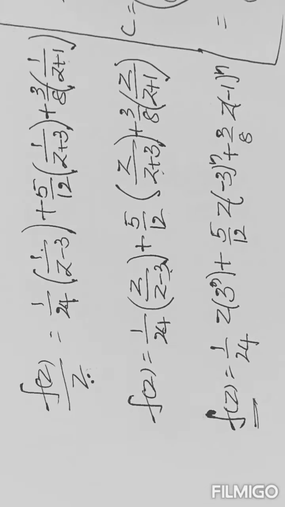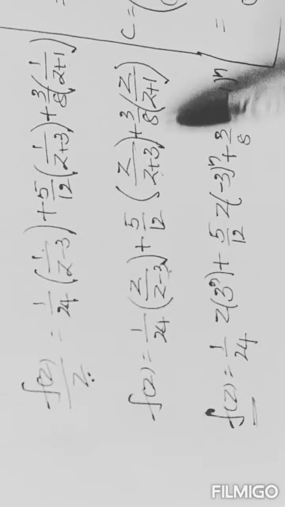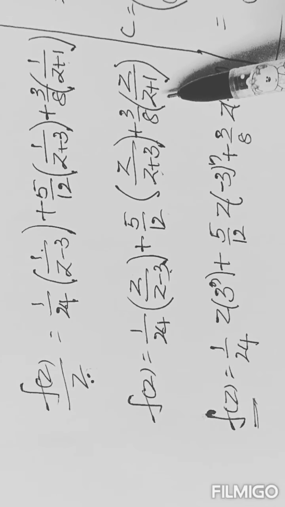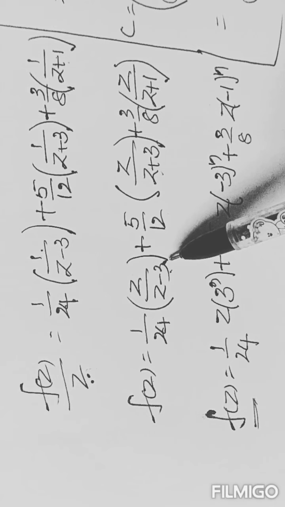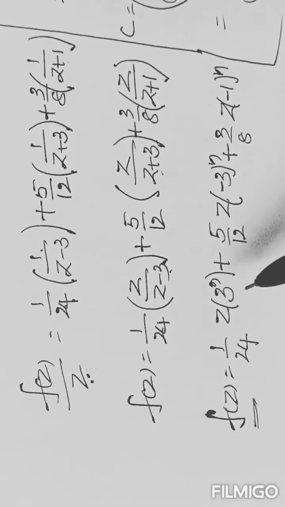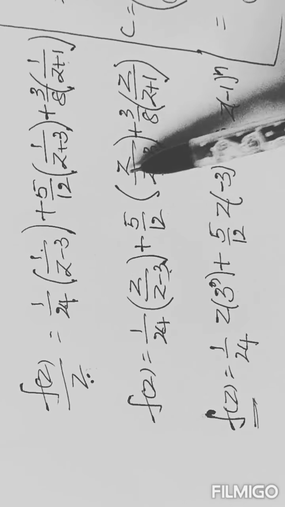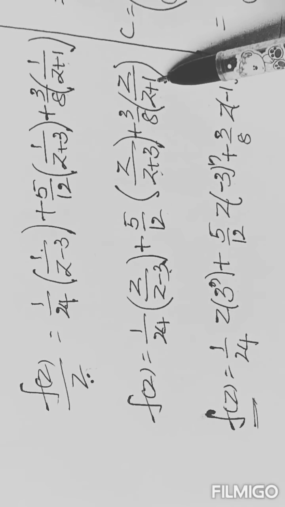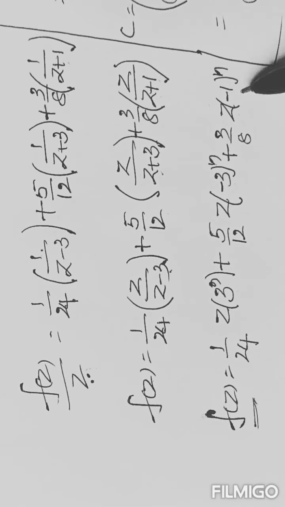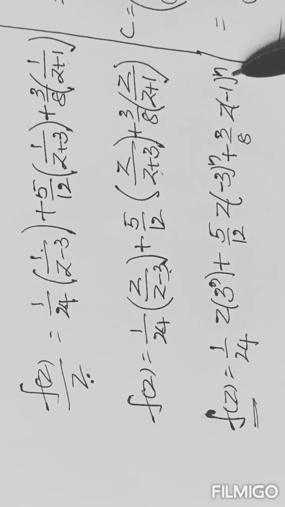Now every term is in standard Z transform formula form. Z by Z minus A is the Z transform of A power n, so Z by Z minus 3 is the Z transform of 3 power n. Z by Z plus 3 is the Z transform of minus 3 whole power n. Z by Z plus 1 is the Z transform of minus 1 whole power n.